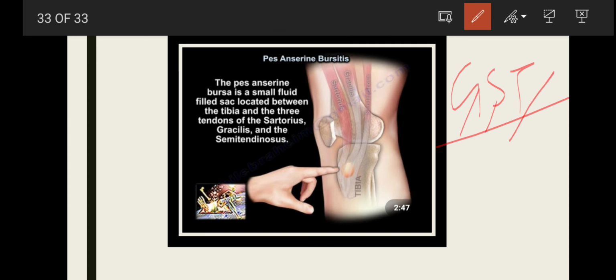Now this bursa can get inflamed and it is known as anserine bursitis. It is nothing but inflammation of the bursa which is located between the insertion of sartorius, gracilis and semitendinosus. The GST tendon has a bursa over there, and its inflammation is known as pes anserine bursitis.